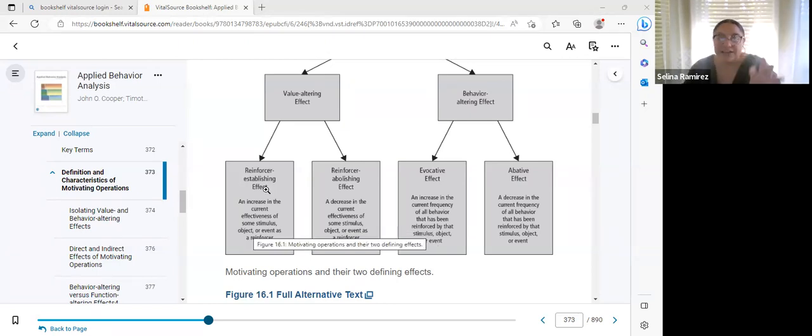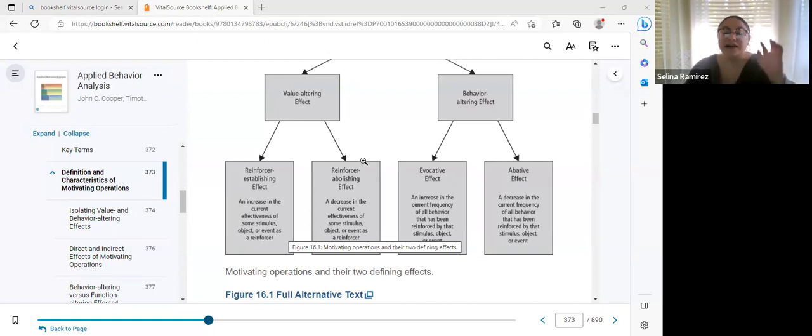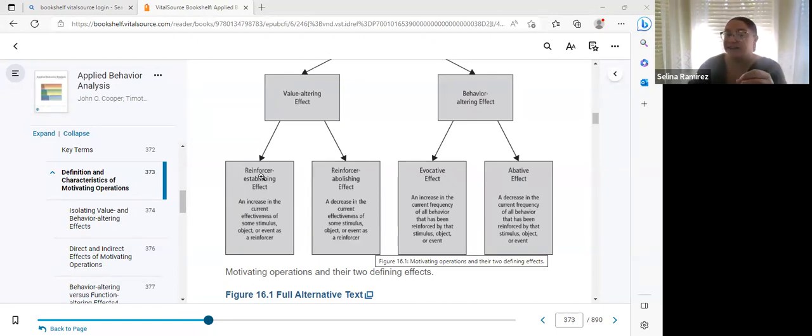And then you have the AO: we're going to decrease the current effectiveness of some stimulus, object, or event as a reinforcer. So in order for us to increase the effectiveness of money, we had to use deprivation, right? We had to deprive them of the free access to money in order to increase the effectiveness of money.